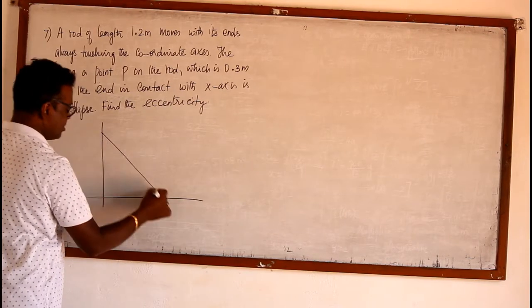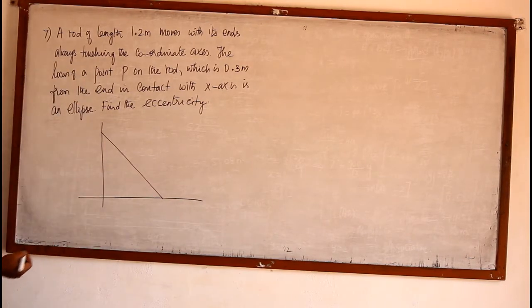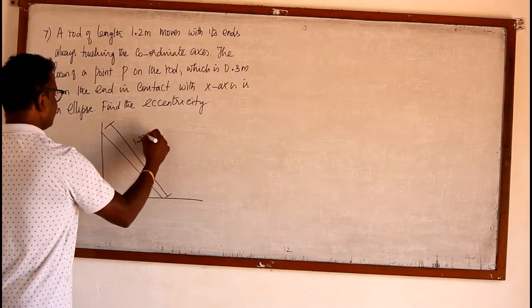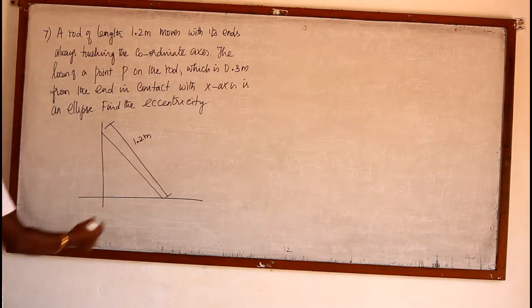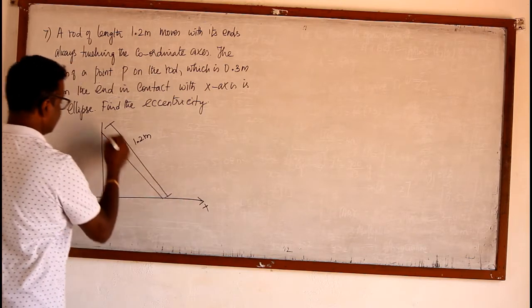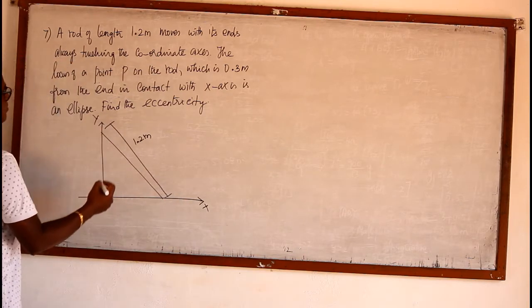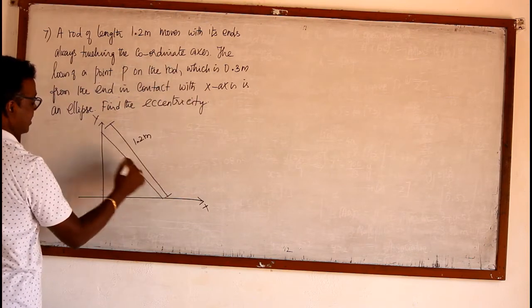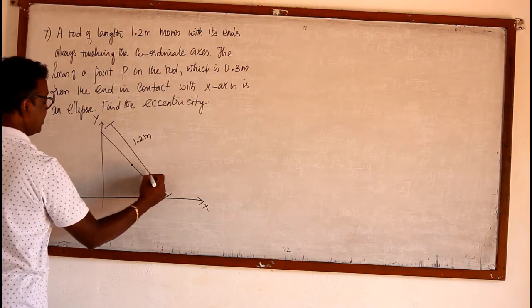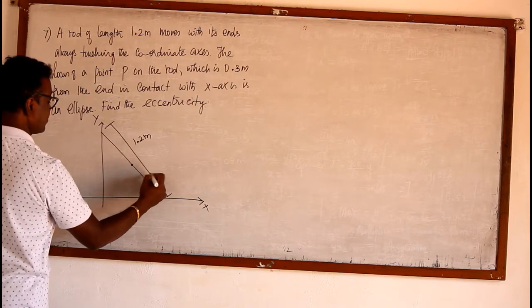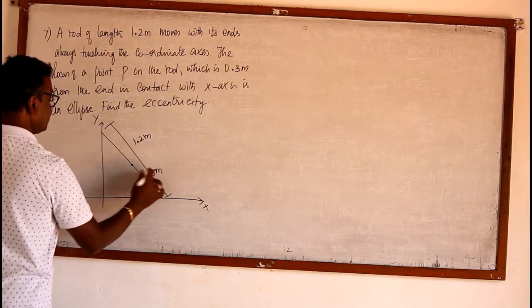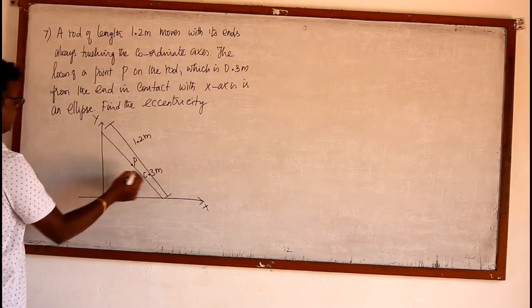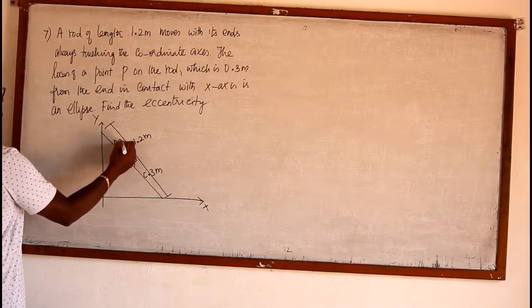There is a rod which is 1.2 meter. This 1.2 meter rod is touching both the x-axis and the y-axis. There is a point P on the rod which is 0.3 meter from the end, so this is 0.3 meter and there is a point P. Then the remaining will be 0.9 meter.